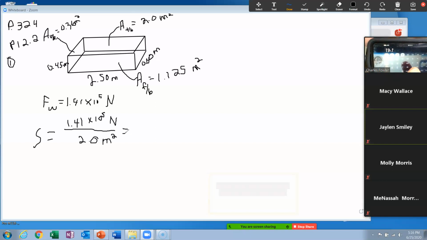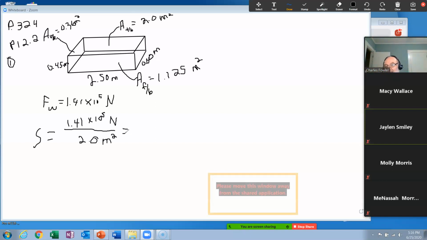There's too much glare. There it is, right there. EE 5. Okay. Divided by 2 equals 70,500 pascals, right? Now, because a Newton per square meter is a pascal.